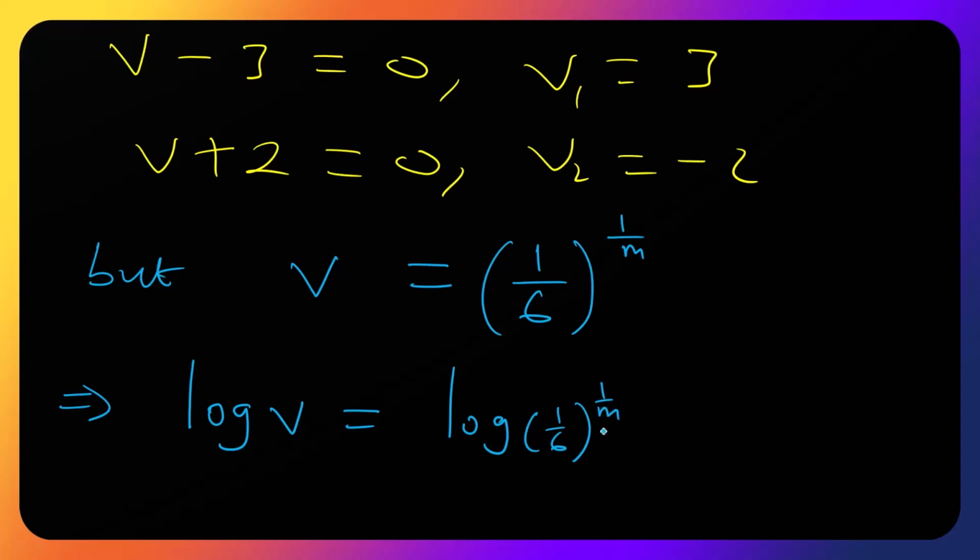So this becomes, by the rule, log v equals 1 on m times log 6. Let me write this one again.